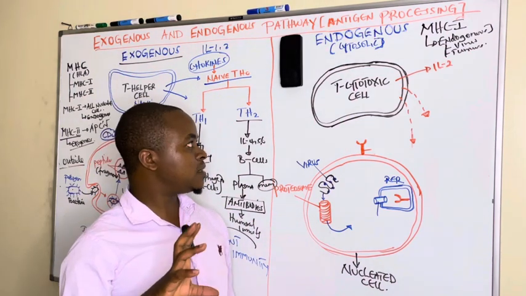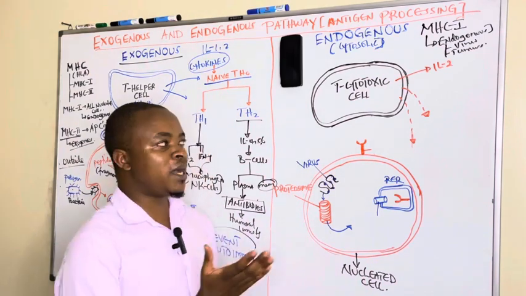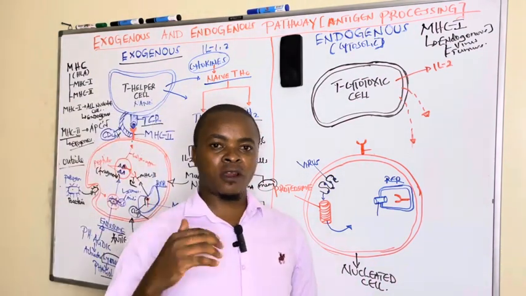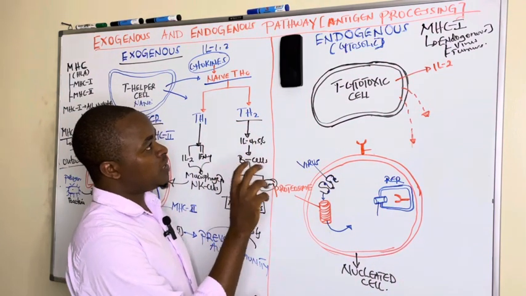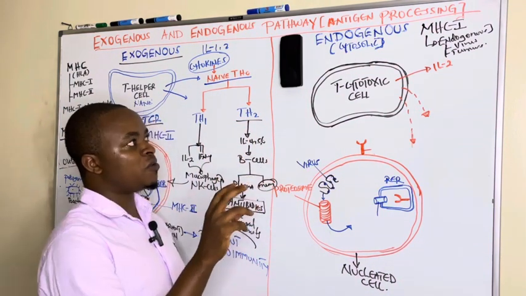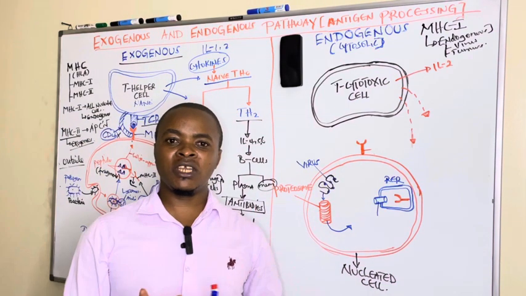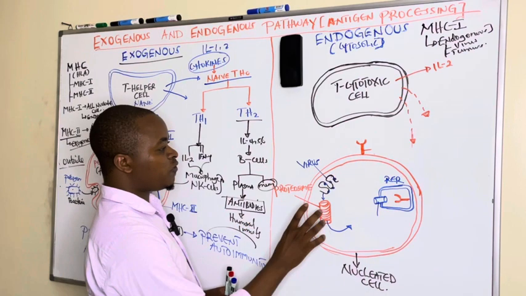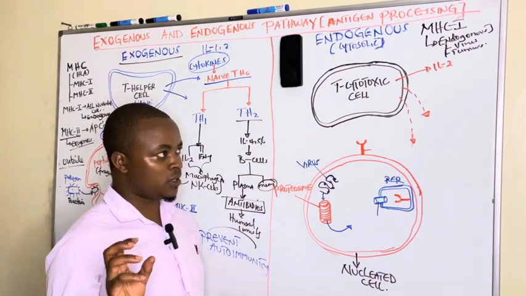T cytotoxic cells are the ones involved, whereas in the previous pathway T helper cells were involved. Also, major histocompatibility complex type 1 is presented by all nucleated cells, so all nucleated cells within the body play this role of fighting intracellular pathogens.